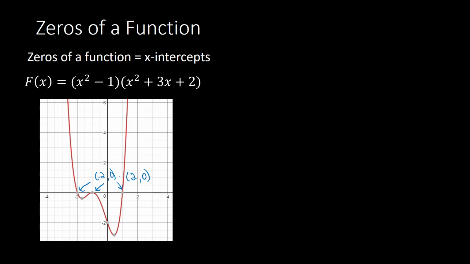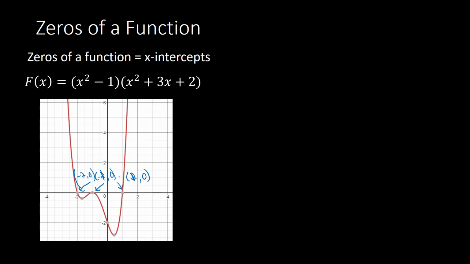So this is actually 1 and 0. This is negative 1, and this is negative 2, 0. I noticed a scale issue on that. That was my bad. But we see here we have 3 points, right? And what I was trying to show is that the y value is 0 for each of these. So we can look at the graph and determine where it's crossing the x-axis.